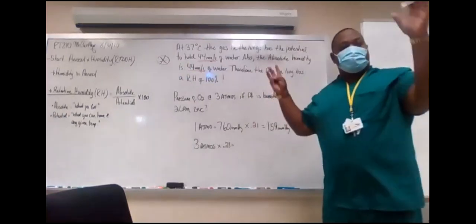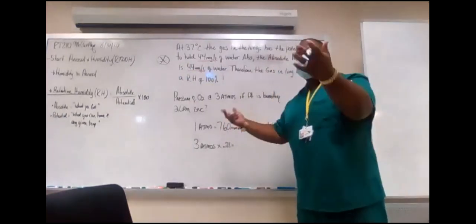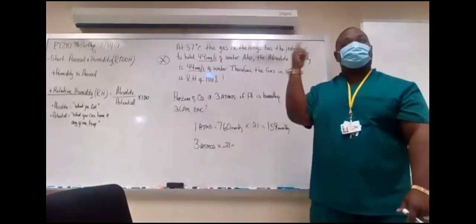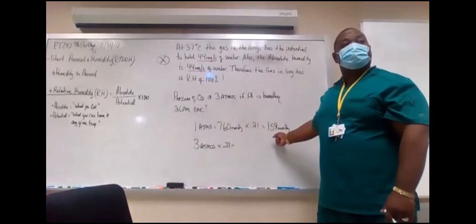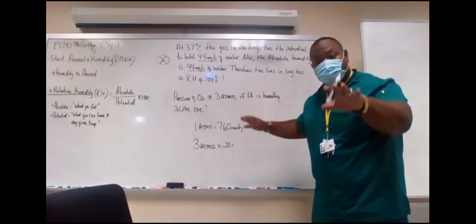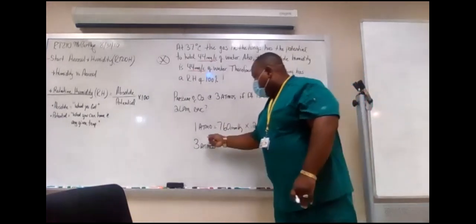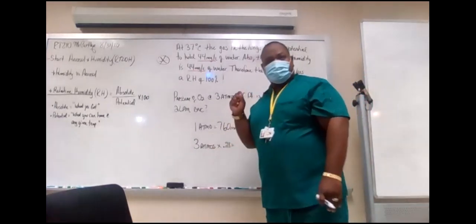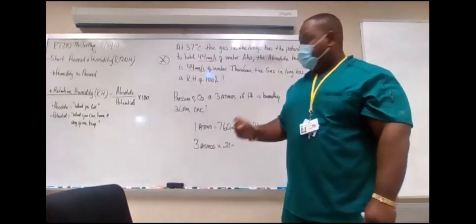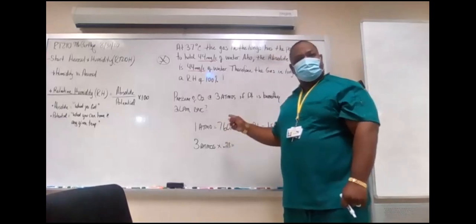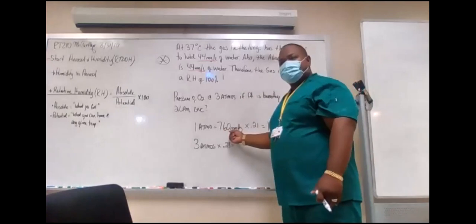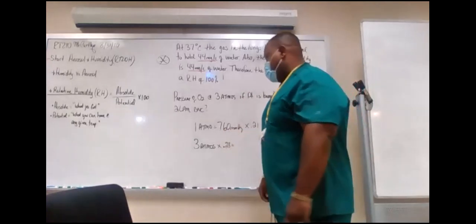Because 21 is room air, right? At 1 atmosphere, 760 times 0.21 is 159. So the pressure of oxygen in this room is 159 millimeters of mercury. But I told you the patient was in the hyperbaric chamber and it went down to 3 atmospheres. So first of all, how much is 3 atmospheres? Don't guess. 3 times 760. 1 atmosphere is 760, so 3 atmospheres is what?